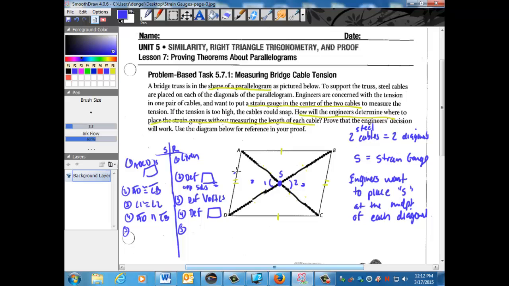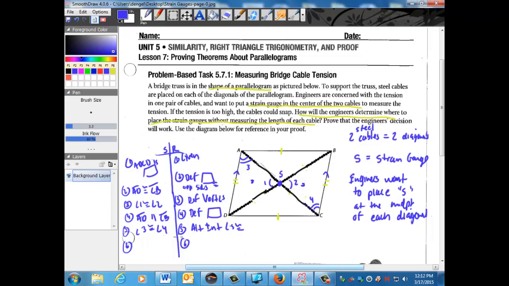Since these two lines are parallel and they're cut by one transversal, which is our steel cable, then we know that alternate interior angles are each congruent. So let's put 2 marks here, and we'll put 2 marks here. We'll call this angle 4 and angle 3. So angle 3 is congruent and equal to angle 4. And that's because alternate interior angles are each congruent.